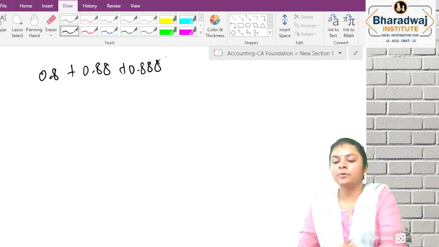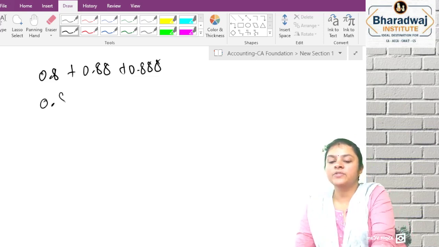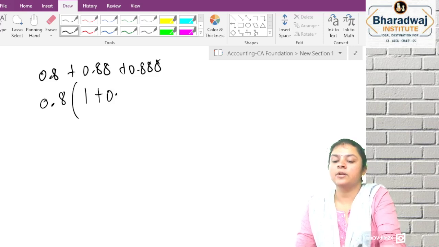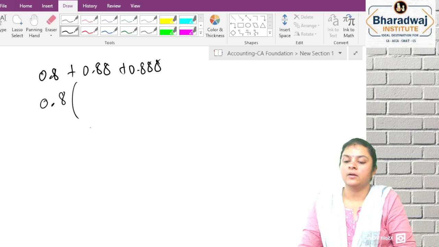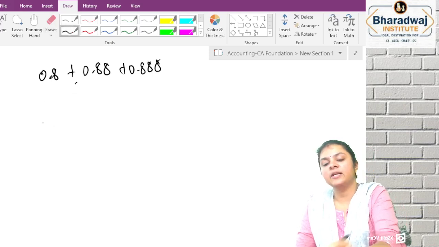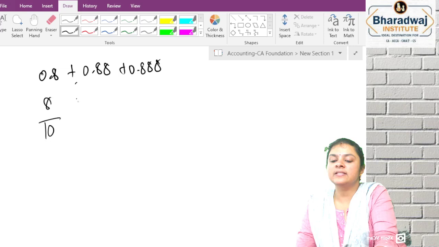Now, remove 0.8 in common. I will get 1, 0.08. If decimal is confusing, let me put it as fractions. This is 8 by 10.